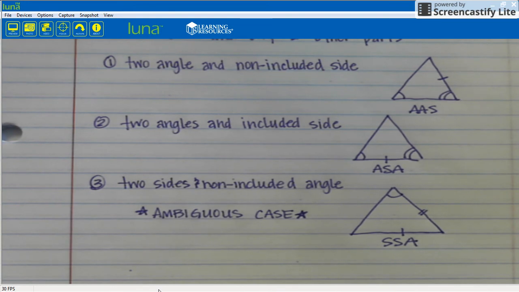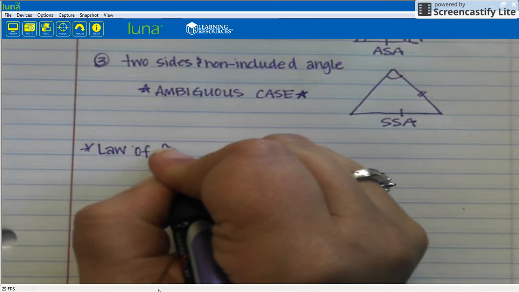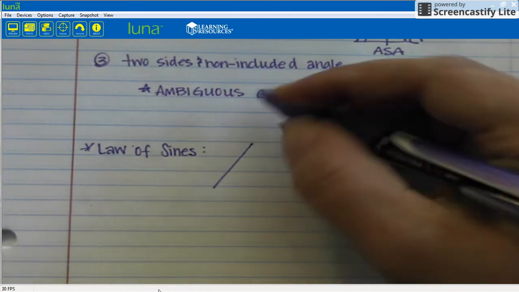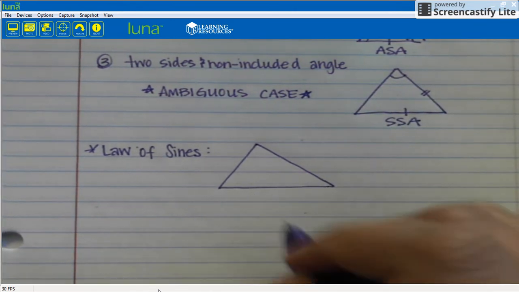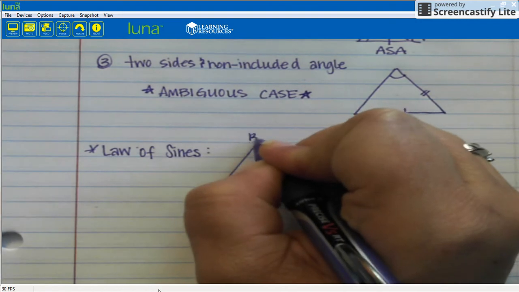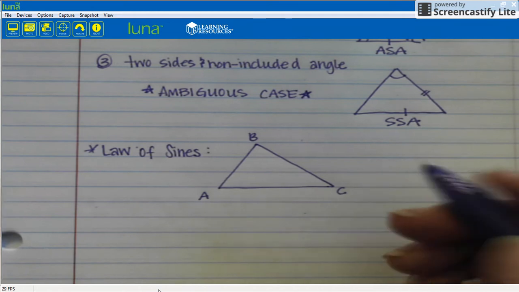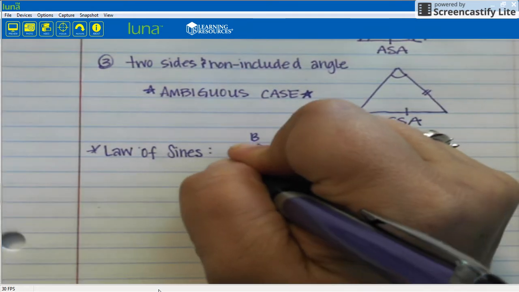So we use the law of sines to solve any of these three types of situations. And your law of sines states, if you have an oblique triangle, it doesn't have to be a right triangle, any oblique triangle, and you know that your vertices are A, B, C. The sides opposite your vertices are going to be your side lengths. So this is going to be little a, little b, and we'll call this little c.